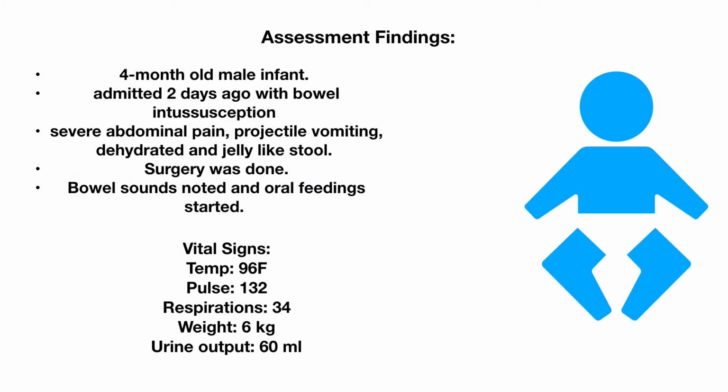So having said that, I thought we would examine a pediatric client. Our client is going to be Joel Jones, who is a 4-month-old male infant. He's been admitted 2 days ago now with intussusception of the bowels, has severe colicky pain, some projectile vomiting, dehydration, and jelly-like stool.